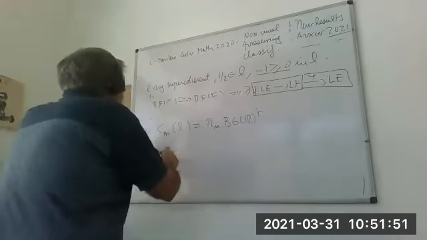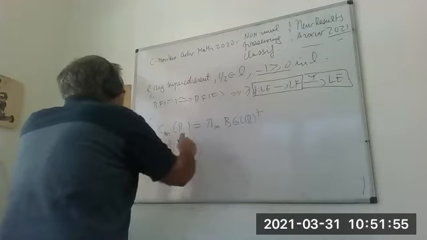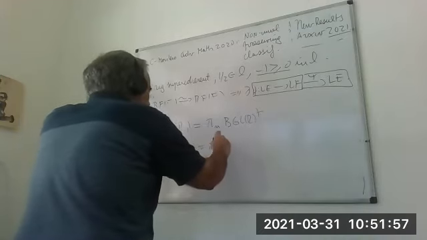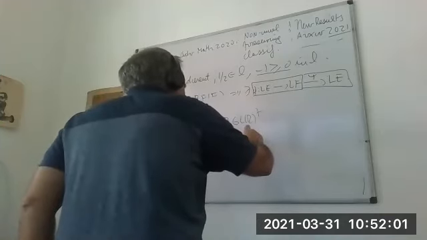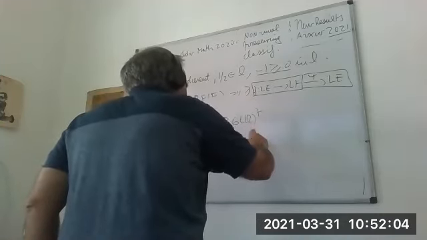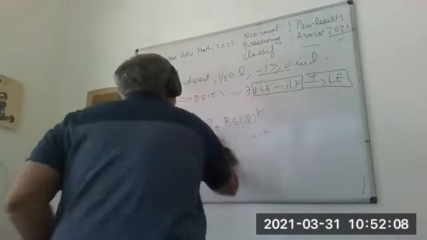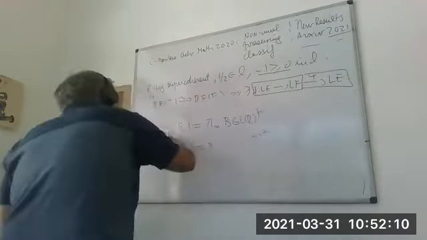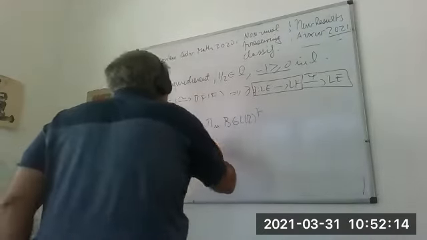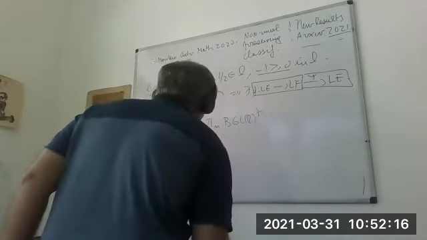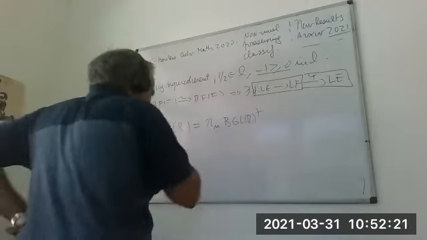And K^h_n of R is pi_n of B U^h(R) plus.